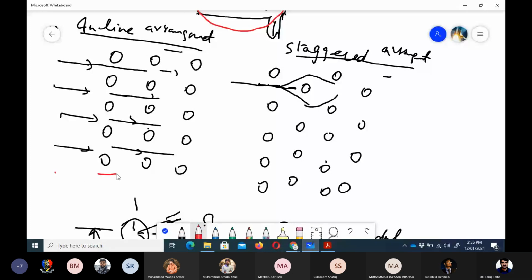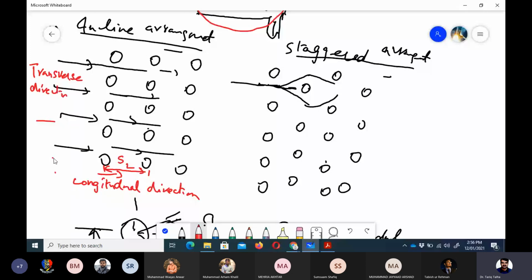The distance between consecutive tubes in this direction is represented by SL. Then this direction is the transverse direction, the y direction, and for this we have ST. So these are the longitudinal pitch and the transverse pitch.